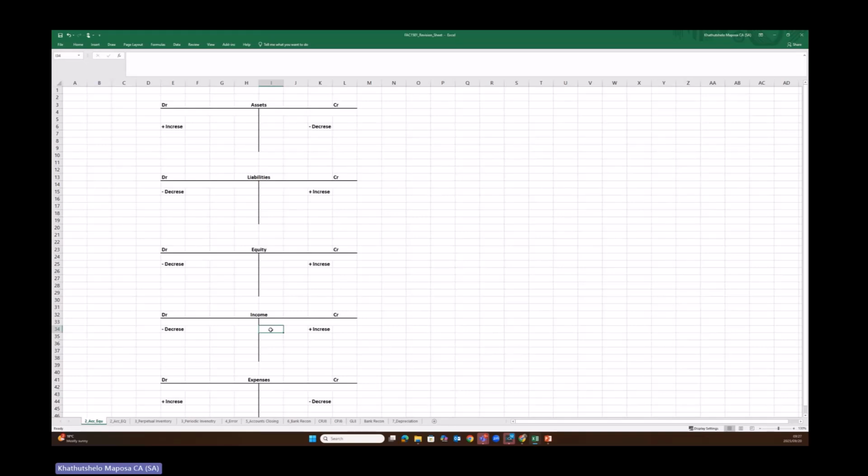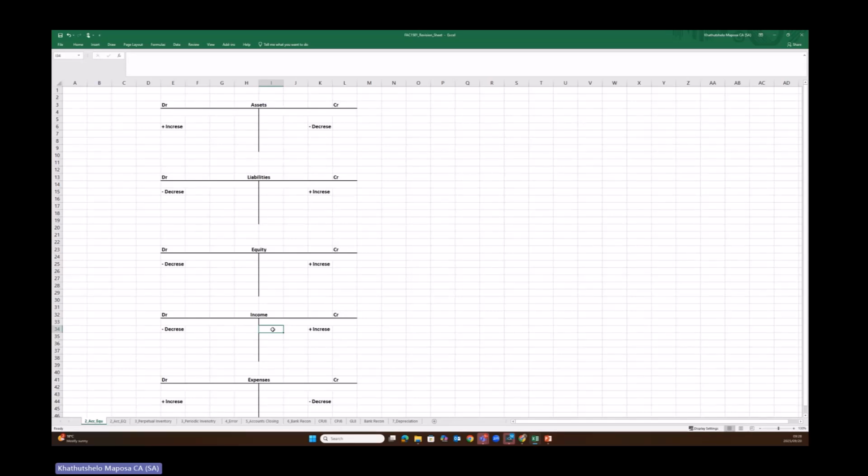So interest income, rental income, dividends received. As a company, we might find that we own other businesses. When they declare dividends, they give that money to us.